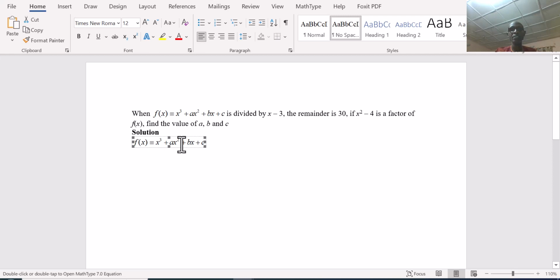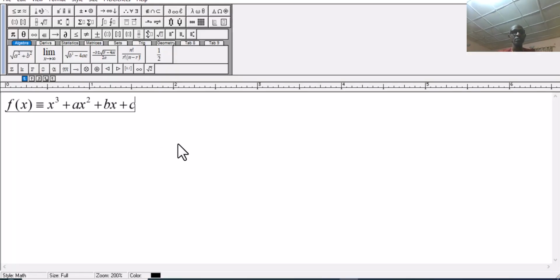Now we have been given that when it was divided by x minus 3, the remainder is 30. So we can say that when divided by x minus 3, we have f of 3 equals to, so what you do is you substitute 3 into this function.